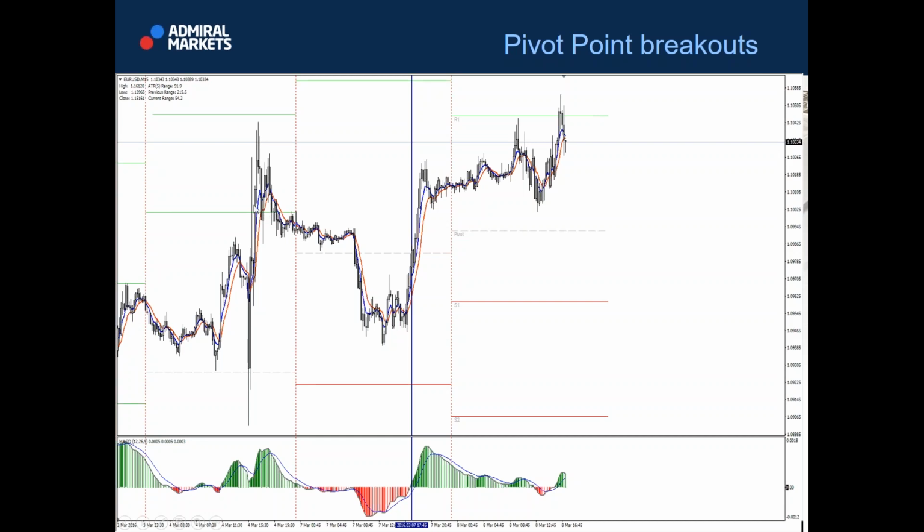Same here. See, it almost hit the next resistance level. Again, a breakout to the downside, hit the pivot point for the previous day.